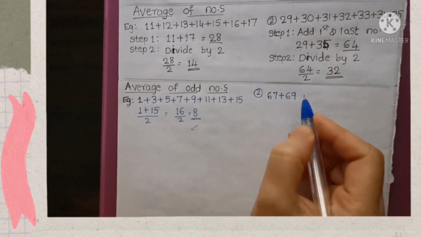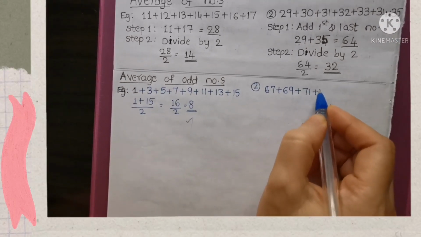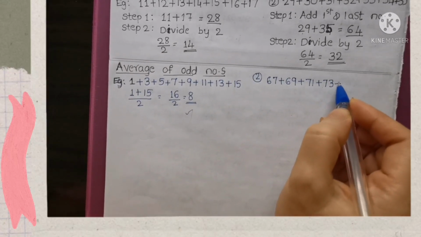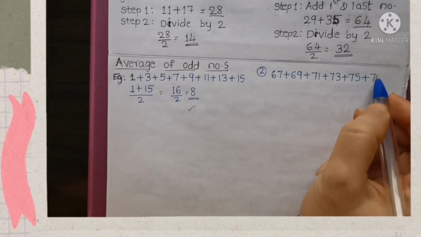Our next example is 67 plus 69 plus 71 plus 73 plus 75 plus 77.